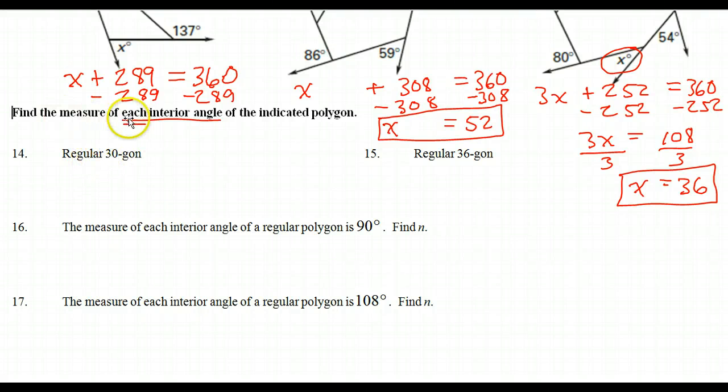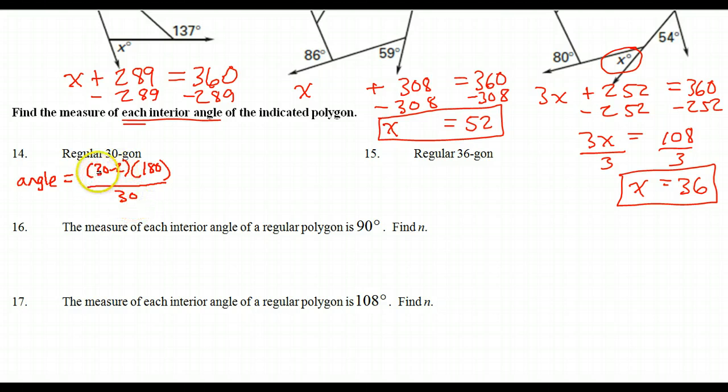Okay, find the measure of each interior angle of a regular indicated polygon. So, in this case, each angle is going to be the total, n minus 2 times 180, divided by the number of sides, 30.